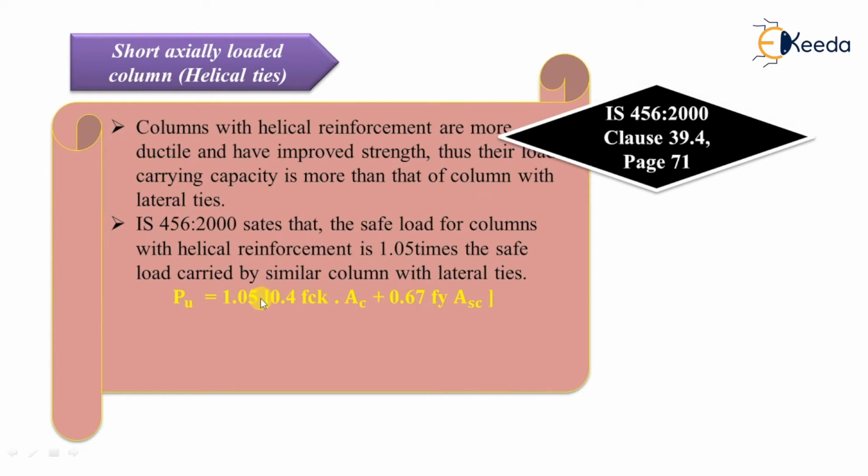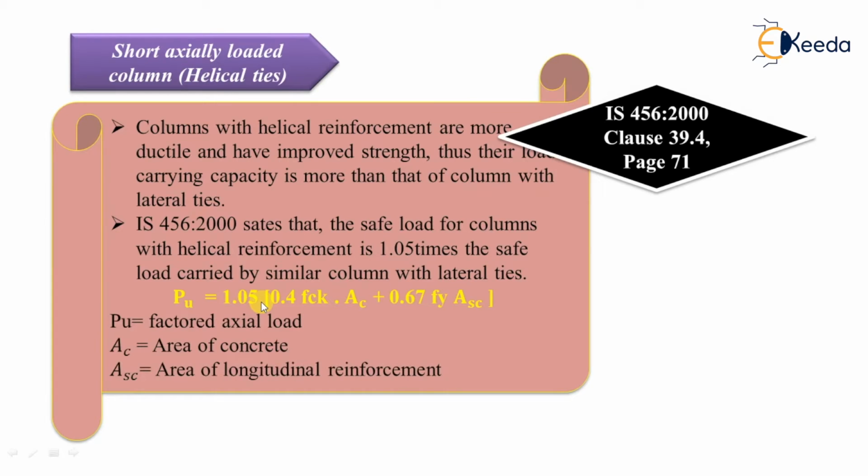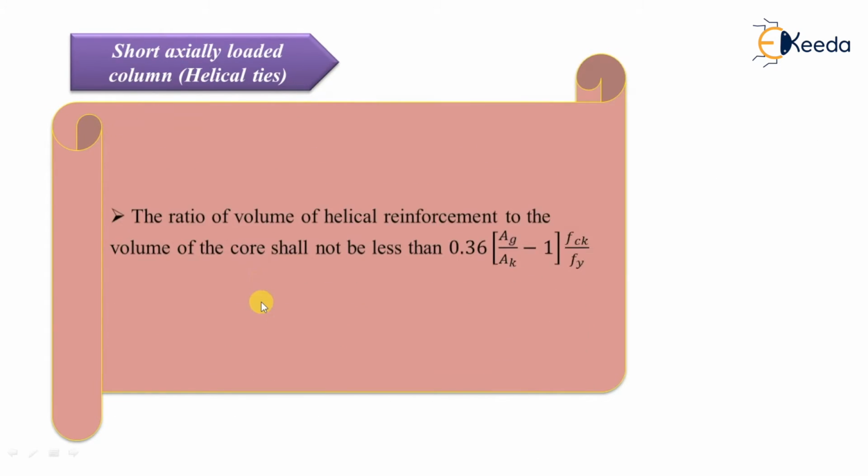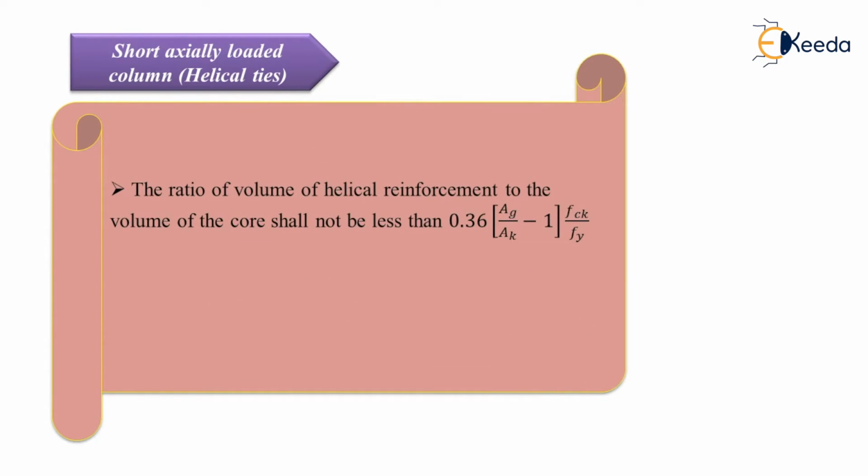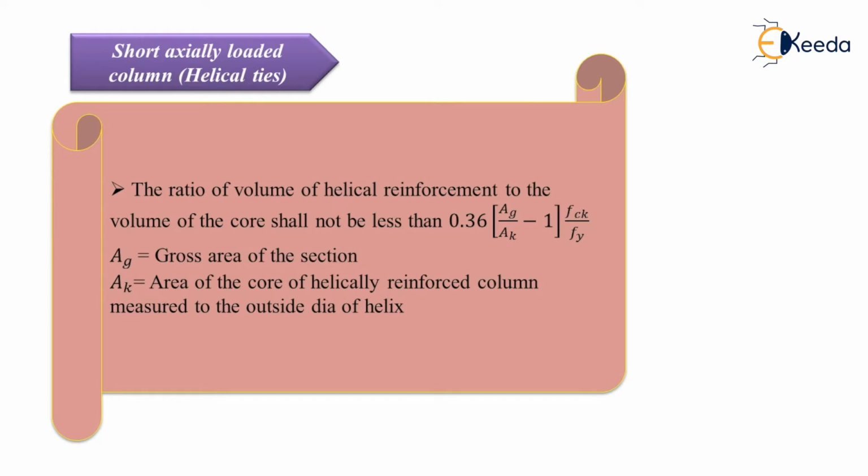In this clause, it is also mentioned that the ratio of volume of helical reinforcement to the volume of core shall not be less than 0.36 into Ag upon Ak minus 1 into fck upon fy, where Ag is the gross cross-sectional area and Ak is the area of core of helically reinforced column measured to the outside diameter of helix.